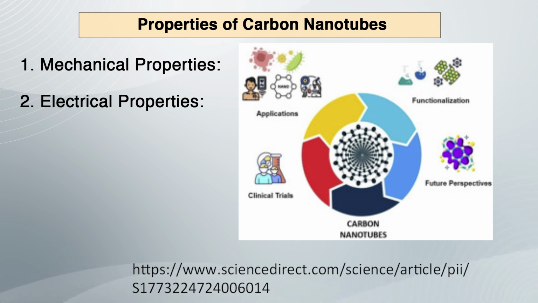Metallic carbon nanotubes exhibit high electrical conductivity, making them suitable for applications in nanoelectronics and conductive materials. Semiconducting CNTs have a band gap that can be tuned by changing their diameter or chirality, allowing for application in transistors and other electronic devices.